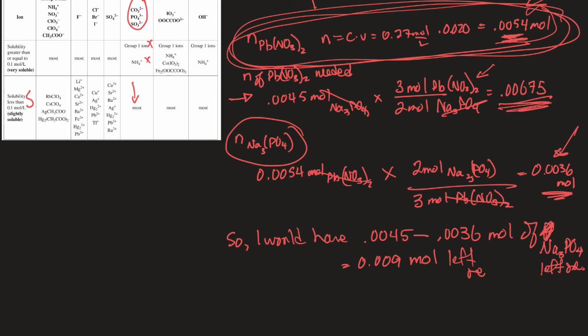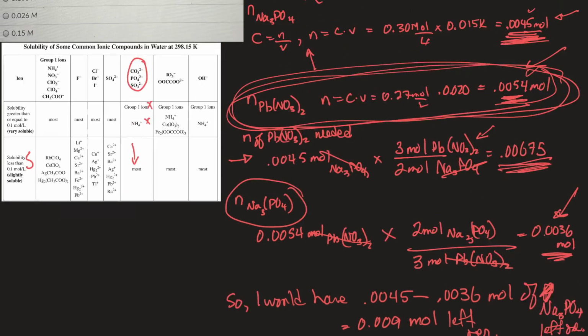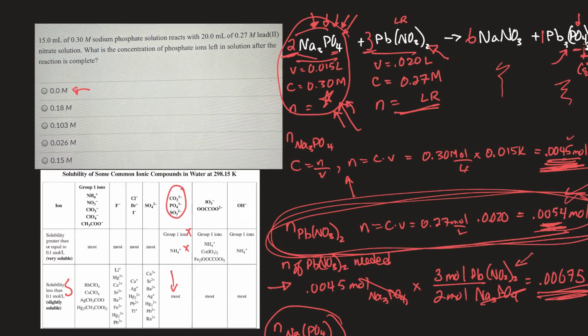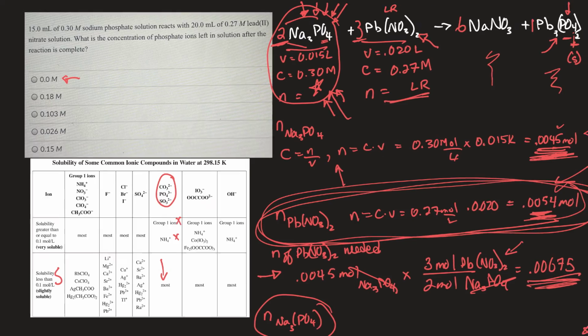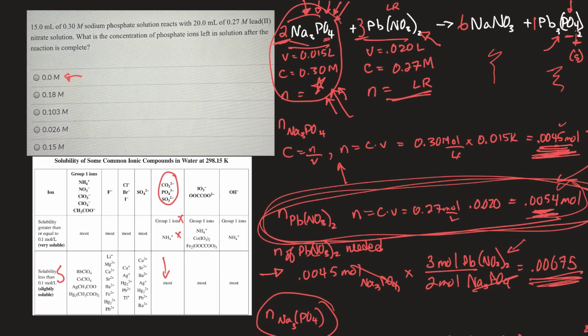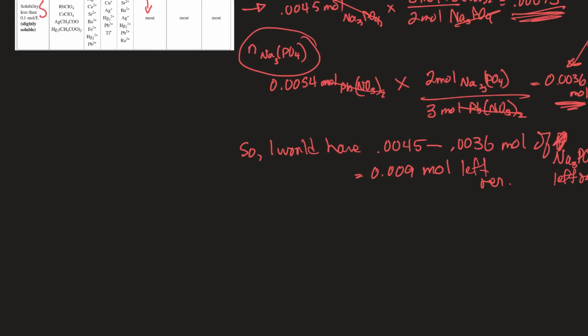But the question said, what's the concentration of phosphate ions, right? What's the concentration of phosphate ions left in the solution? So I have 50 mL of one and 20 mL of the other. So let's write that dissociation equation. Sodium phosphate would dissociate to 3 sodium ions and 1 phosphate ion. So whatever the concentration of this is, it's the same for the phosphate ions.